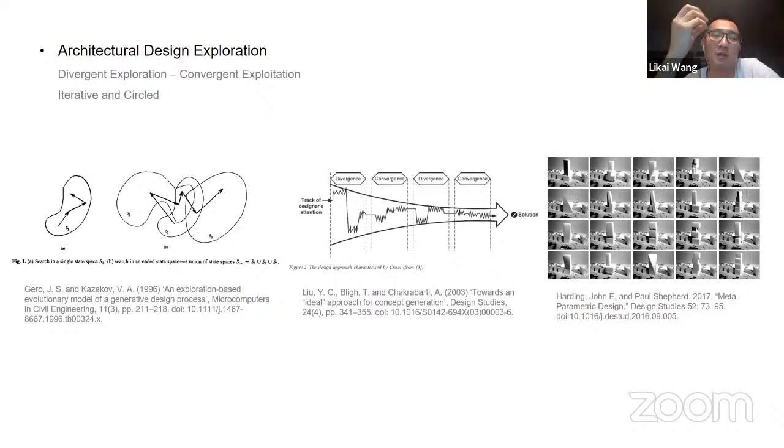And then, based on this promising solution, they will have another iteration of exploration based on the promising design from the previous stage. And then they will have an iteration process to gradually come to the final design solution.